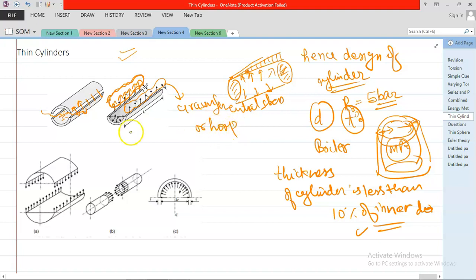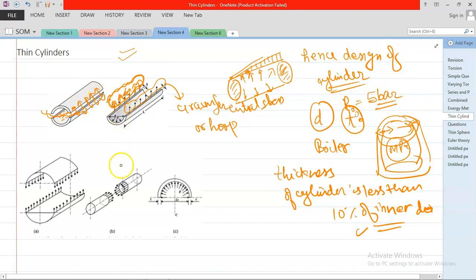The body will try to come out along the diameter, meaning it tries to split into half along one axis of the diameter. Here you can see this is the stress that holds the two parts together.